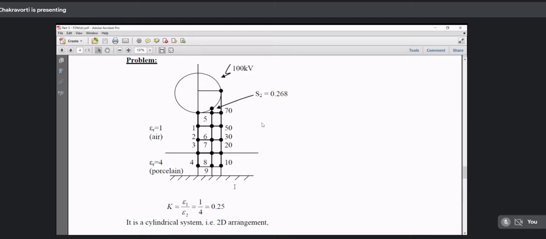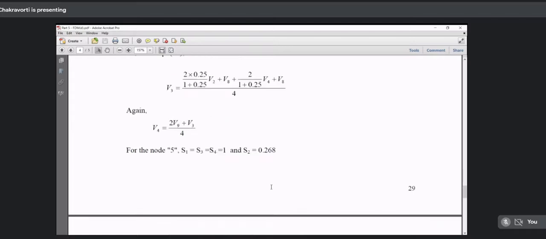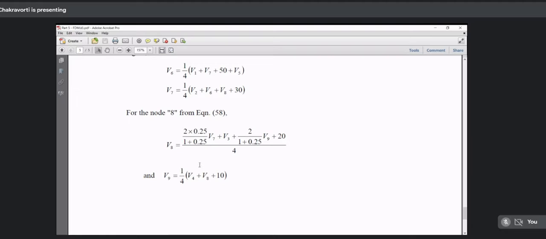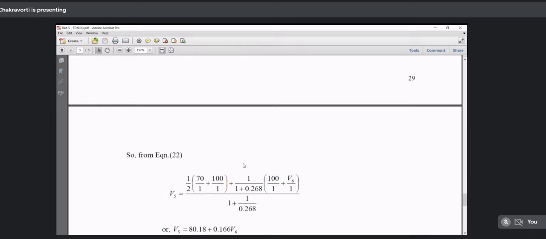V3 becomes node number 2 in our derivation, and then the potential 20 is node number 4, because 2 and 4 are on the boundary. So you can see here for V8: V7, V3, V9, 20, and K is 1 by 4. And therefore, this is how we apply it.